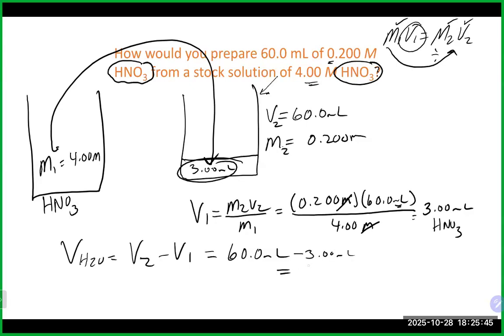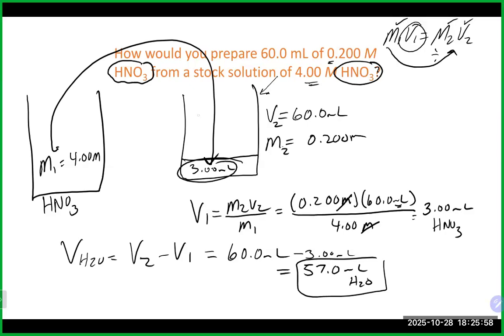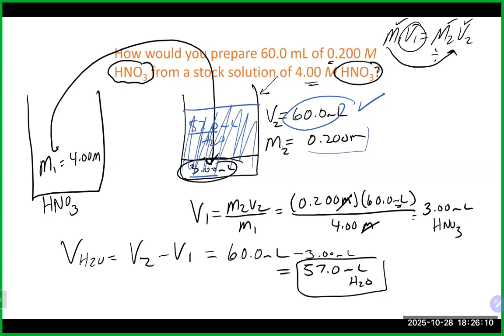So I should add about 57 milliliters of water. 57 milliliters plus 3 milliliters gives my total volume of 60. Give it a nice mix, and now we should have a solution with a concentration of 0.2 molar.